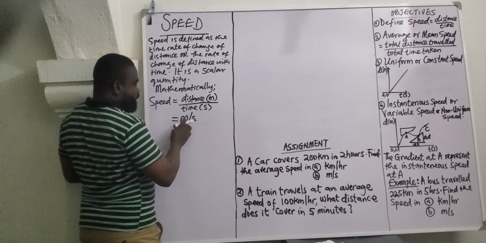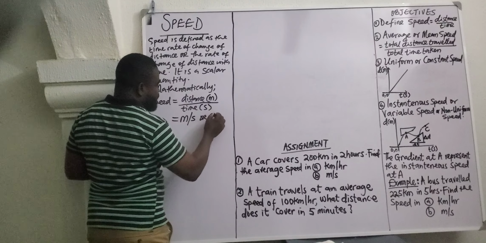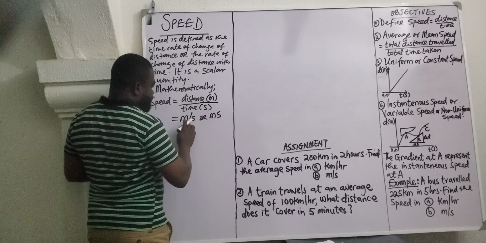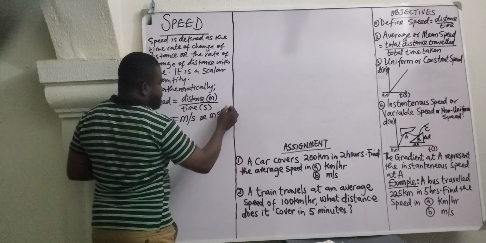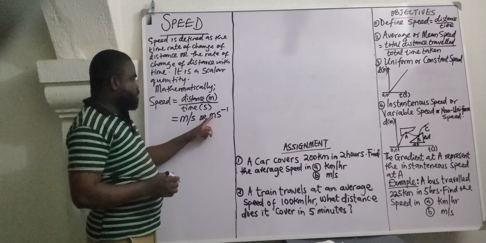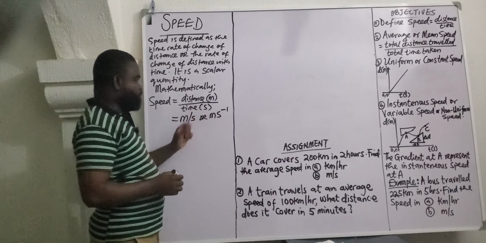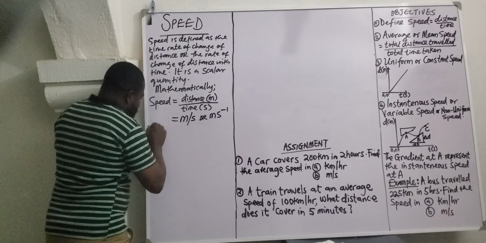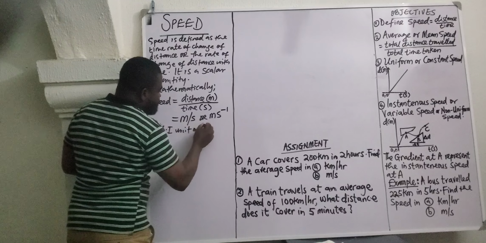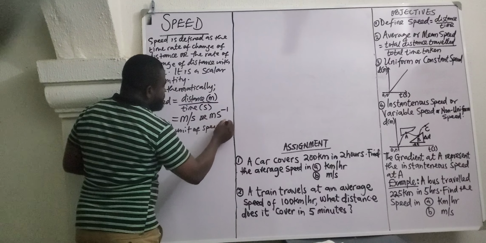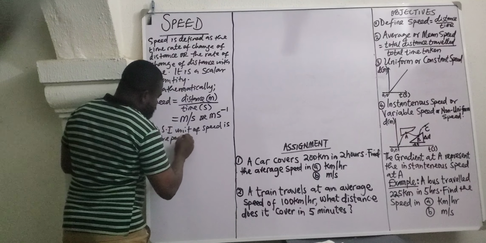So we call it meter per second. Or you can write it this way: meter second, where that per becomes minus 1. So we call it meter per second. You can express it this way or this way. Take note of that. So I said the SI unit of speed is meter per second.